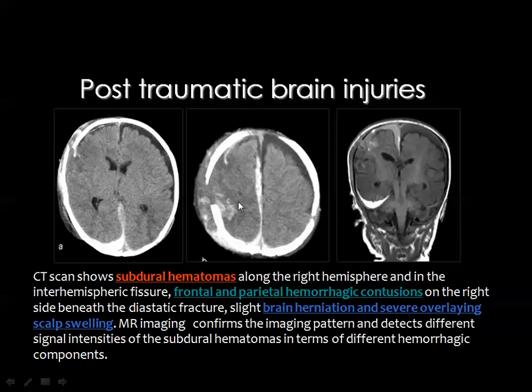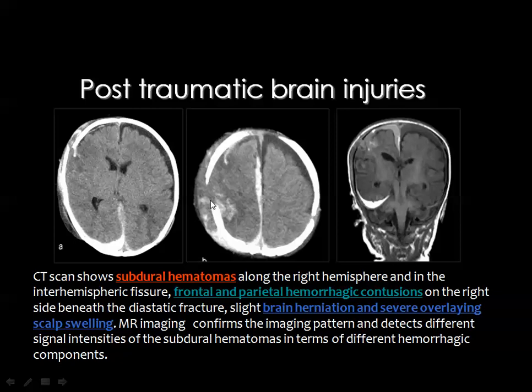You see an area of mixed hypo and hyperdensities representing the contusion. Also, you can see the subgaleal hemorrhage. And you can see the fracture with gapping edges, and there is some brain tissue herniation through the fracture line.